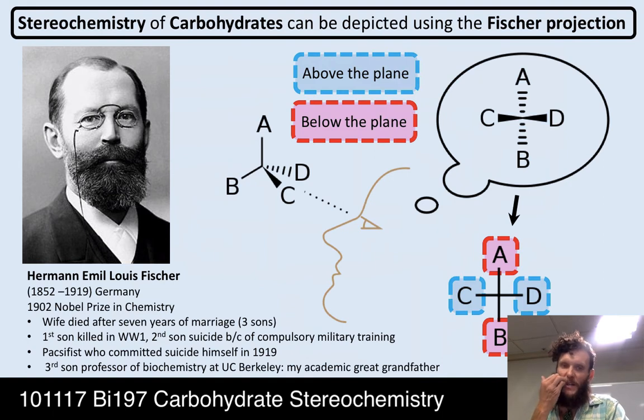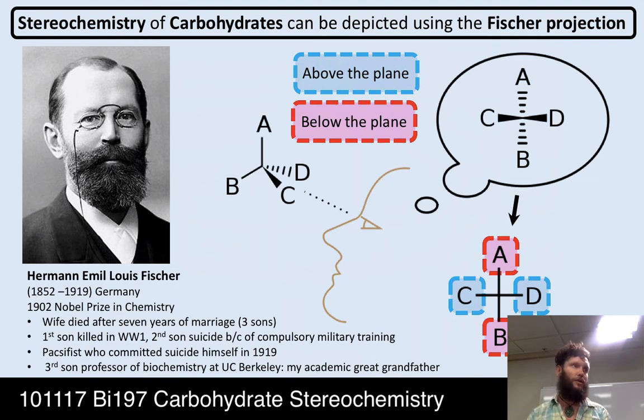If they're different, then there's some non-superimposability in the mirror images that you can have. He wanted to describe that on a piece of paper, so he has this Fischer projection. Take one of the things in front of you, and line it up so that maybe the silver and the white are the A and the B, and they're pointing away from you, the 2 of them in a vertical plane.